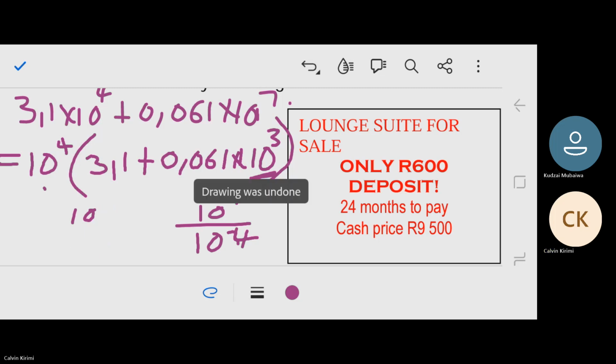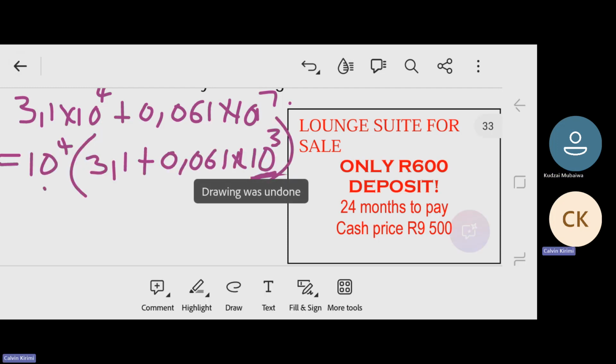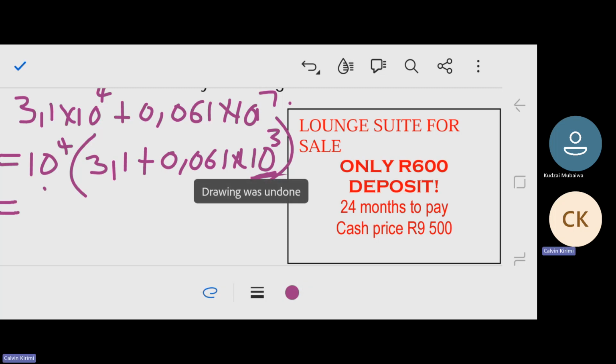Okay. So from there, now we want to simplify. We come and say, therefore, it's equal to what? So let's solve it. It's equal to 10 to the power 4 bracket.